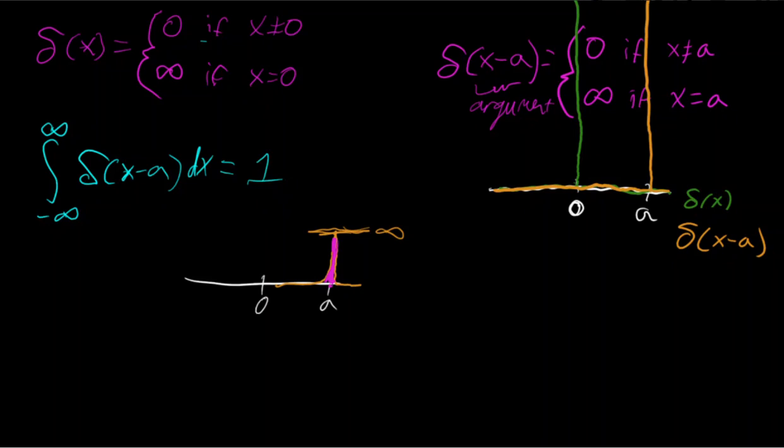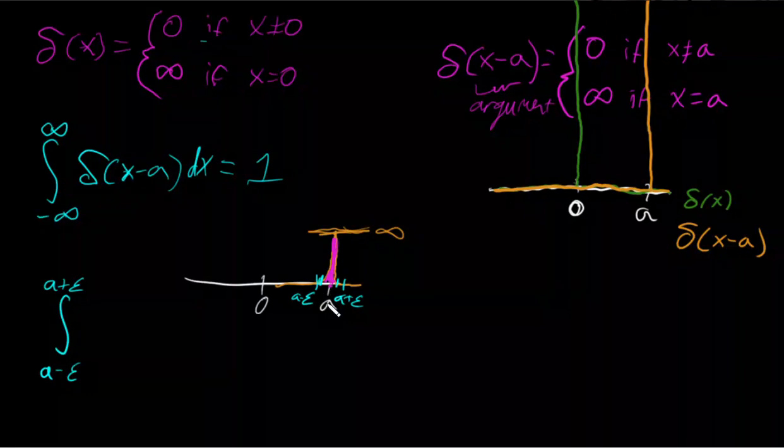And you'll notice that, because all of the area is right at a, we could also take the integral from a minus epsilon, where epsilon is just a little number, to a plus epsilon. Epsilon can get as close as you want to a.